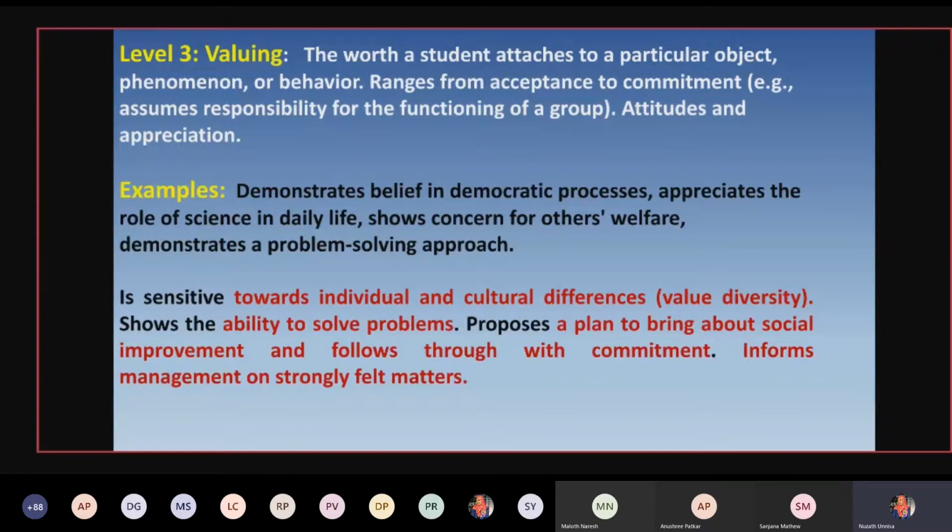Person here is our student. So the student is willing to go out of the way and build upon the topic because they associate value to it and they are willing to take it to the next level.